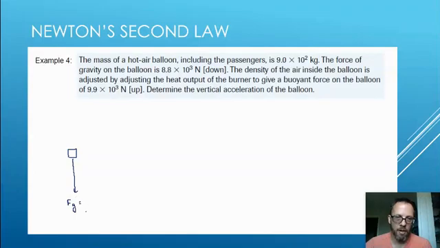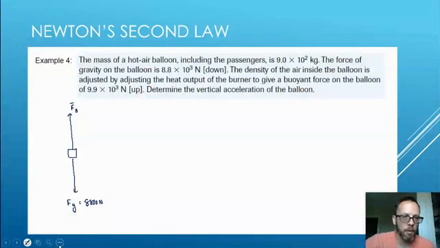So we have our gravitational force, and I might just write Fg in this case. We're given that that is equal to 8.8 times 10 to the 3, which is 8,800 newtons. And we're also given the buoyant force. So maybe you want to call that FB, can be flexible.